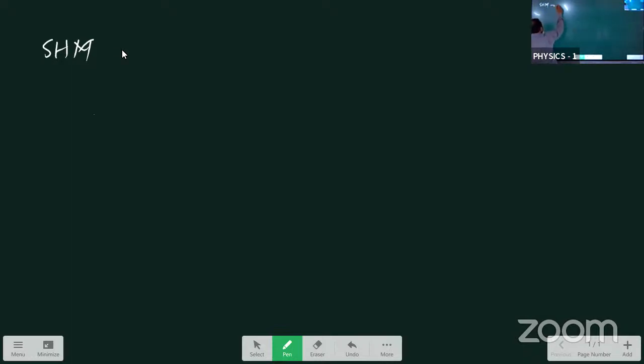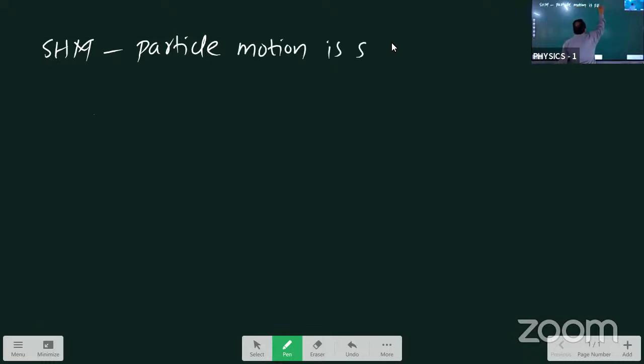Define SHM with a particle moving in a circular path. When a particle moves in a circular path with respect to its diameter, its motion is SHM. So, define SHM, simple harmonic motion. Particle motion in a circular path is SHM.